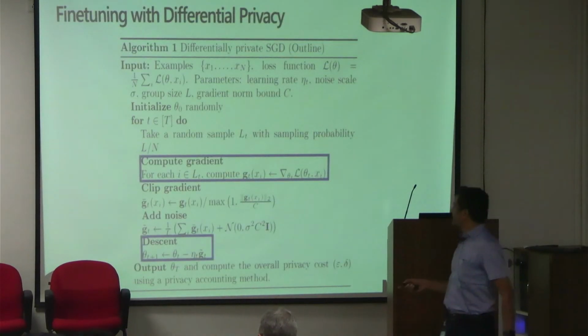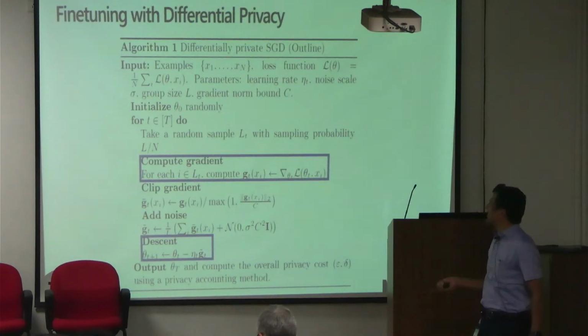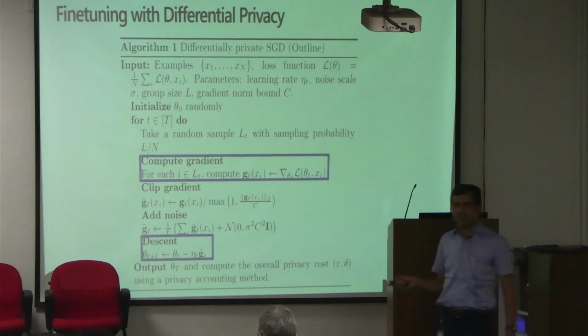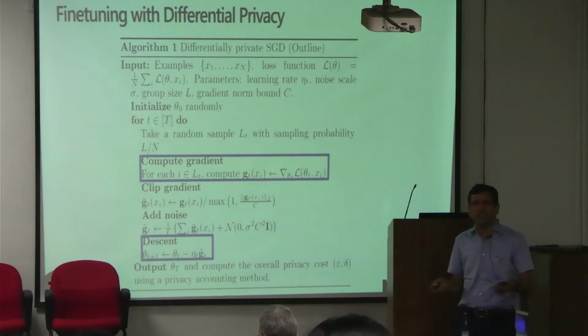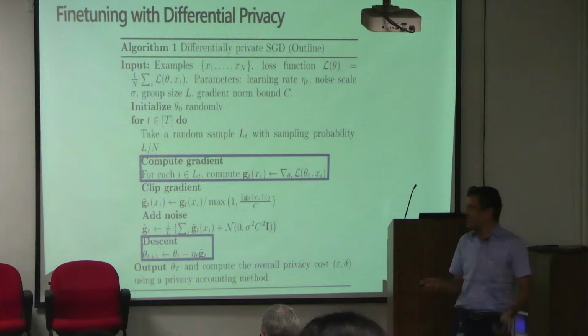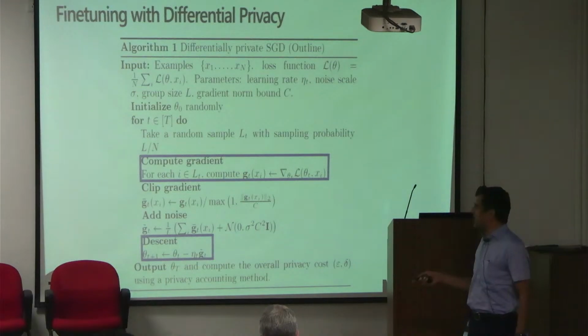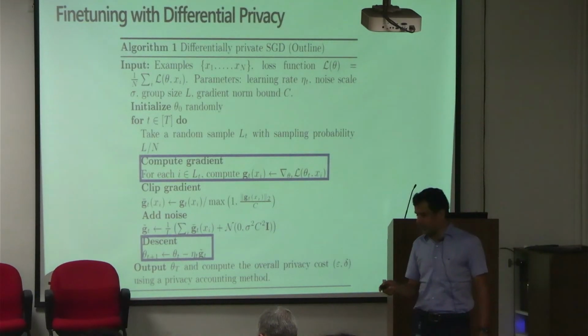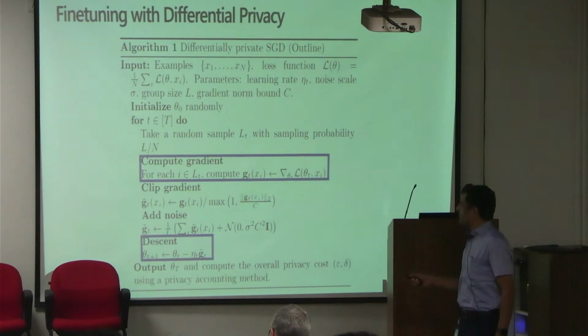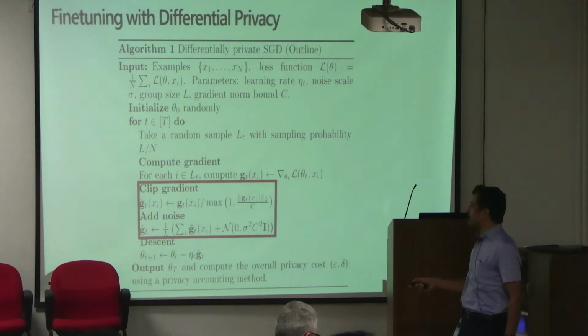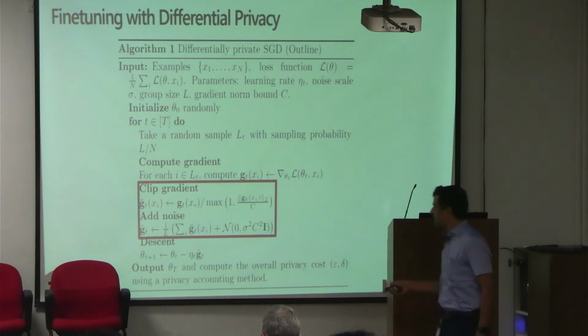This is the typical algorithm for any supervised learning technique, where you compute the gradient and then there is a descent algorithm. With differential privacy, we concentrate on what happens between computing the gradient and the descent part.